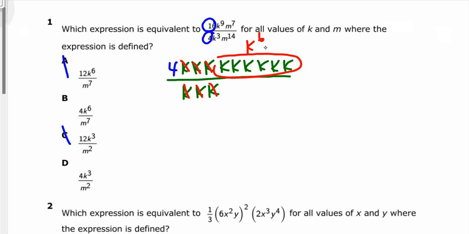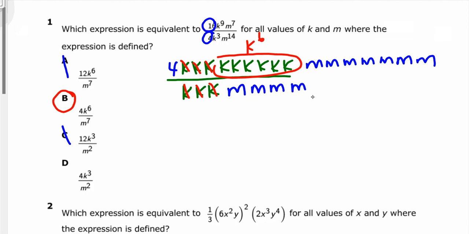Okay, so automatically I already know it's B, but let's look at m to the 7th and m to the 14th. So m to the 7th is m times itself 7 times. And m to the 14th is m times itself 14 times.